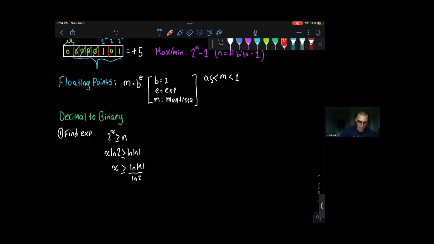And now we're going to take the highest nearest whole number, meaning if our x has to be greater than or equal to 3.1, we would make our x exponent number equal to 4, right? Because we can't go down, but we also want a whole number.